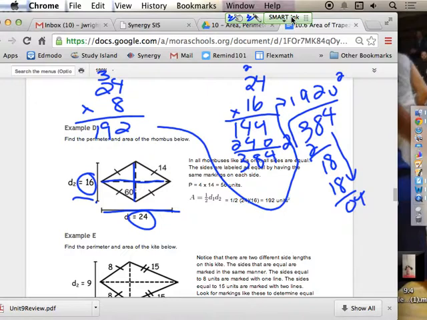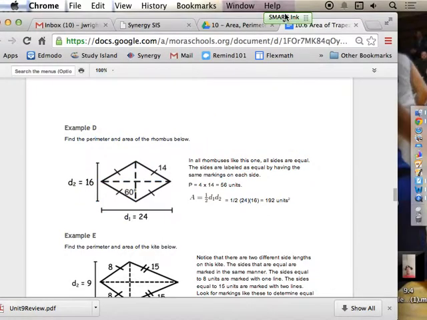How can I do perimeter out of that? Well, perimeter would just be finding the outsides of all those parts. You can see by those little lines that the outsides are all equal, and they're 14. So I can take 14, 14, 14, 14, add all those up, and I get 56.